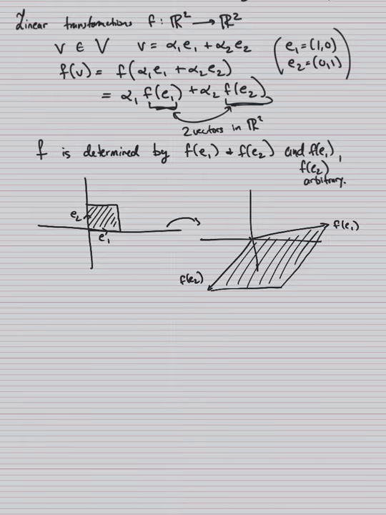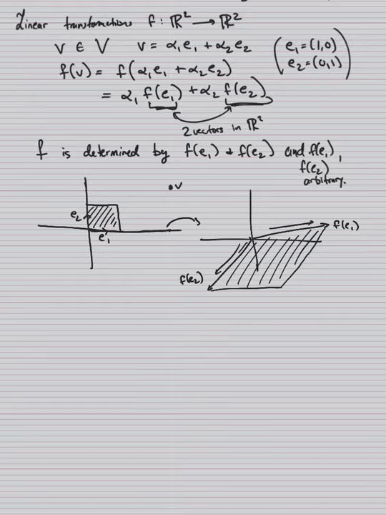Then any other vector you're interested in is this much of e1 plus this much of e2, and you take the exact same amount of this vector plus the exact same amount of that vector. So it's determined essentially by the image of these two vectors.